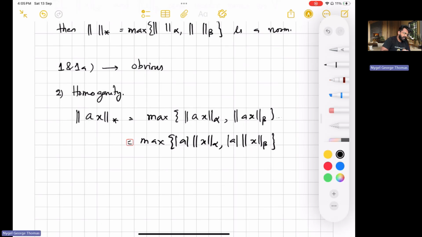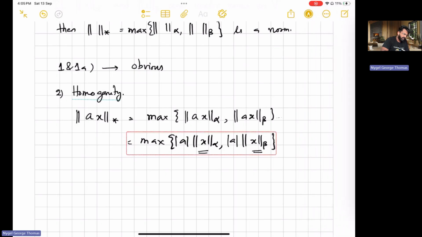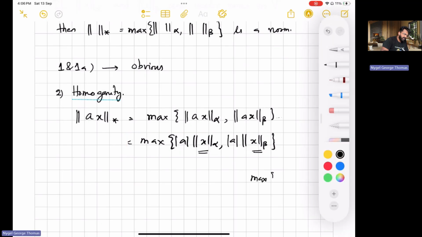This is a positive quantity, and these are positive quantities, right? In general, when you have a times b and a times c, the max of these two numbers will be a times the max of b and c.